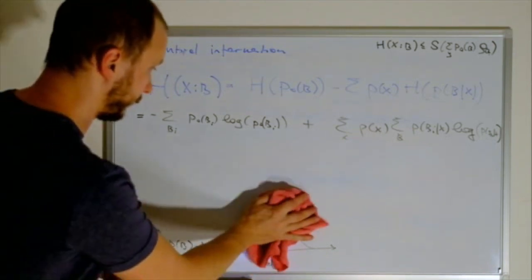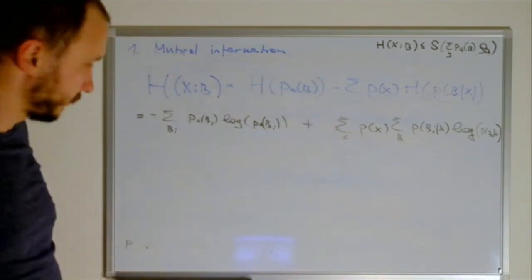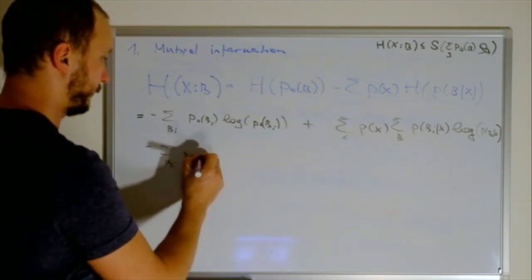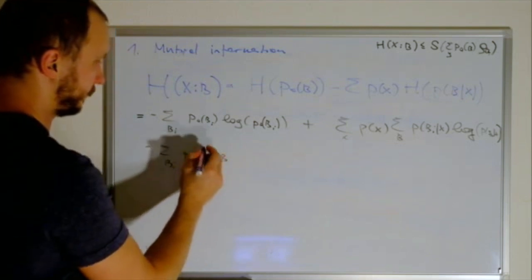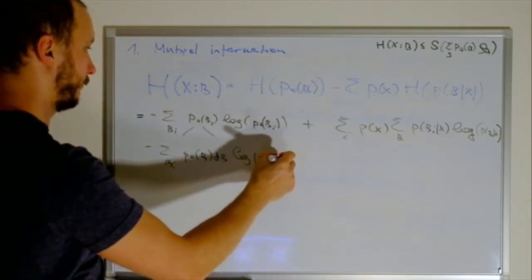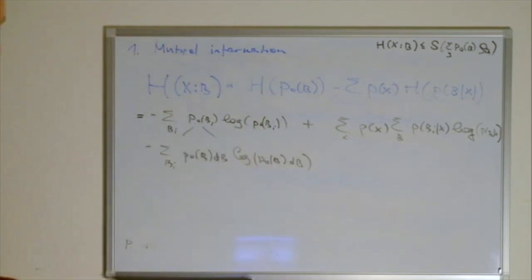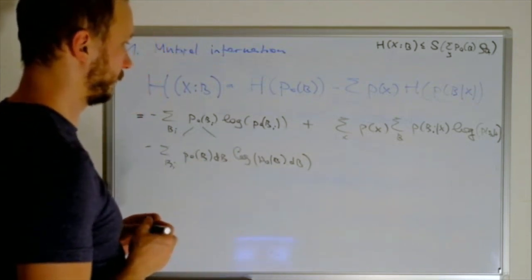So what we have here, I'll just plug it in both of these, and we get something: minus the sum over Bi of P0 of B times dB, times log of P0 of B times dB. You see that there's a small problem because we have something potentially small here.